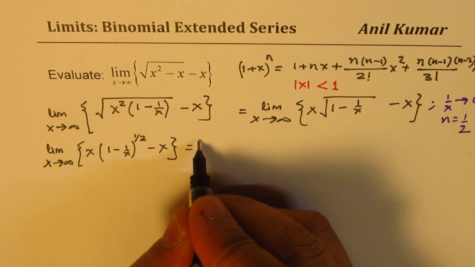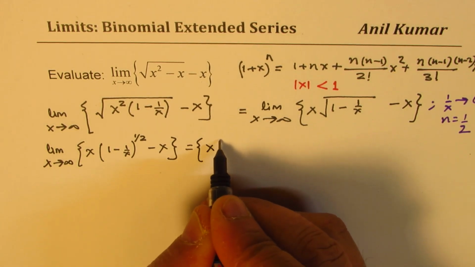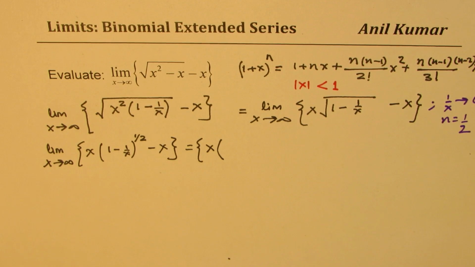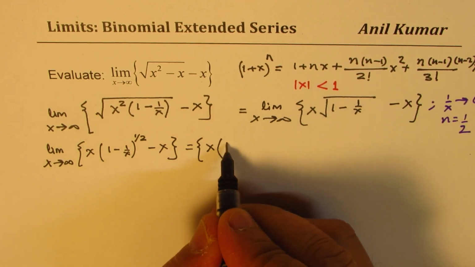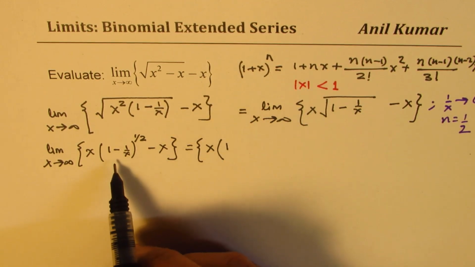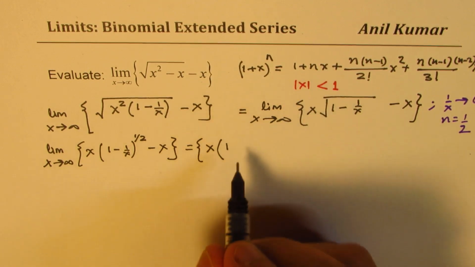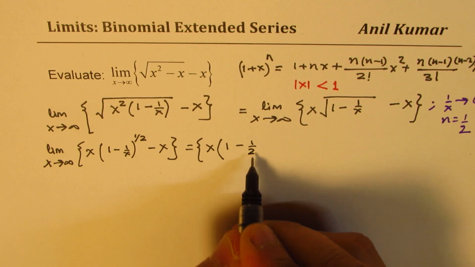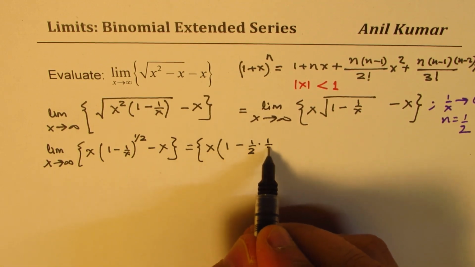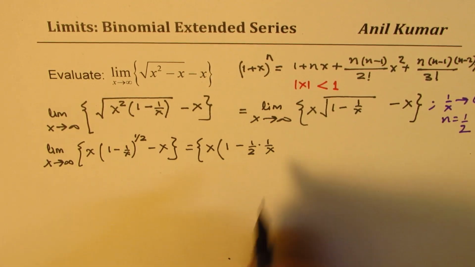We get the first term, which is x times 1. Now since this value here is minus 1 over x, I'll write minus, n is half, so minus half, and then times 1 over x, correct? So that is our first term.